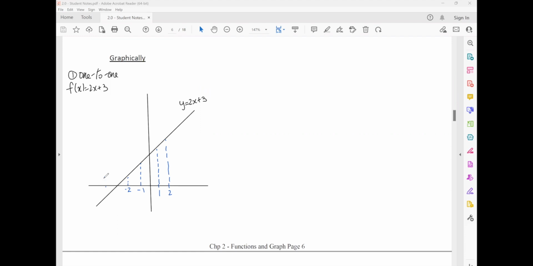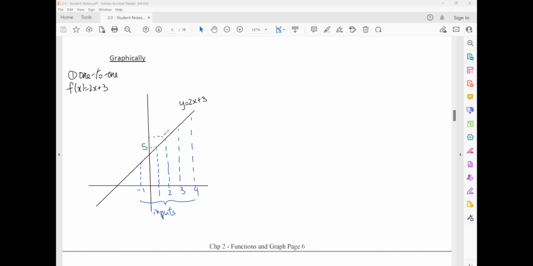Actually, -3 would be wrong. Actually, -1, yeah, it doesn't matter. Then 3, 4. These are the inputs. And the output is, when x is 1, that would be 5.